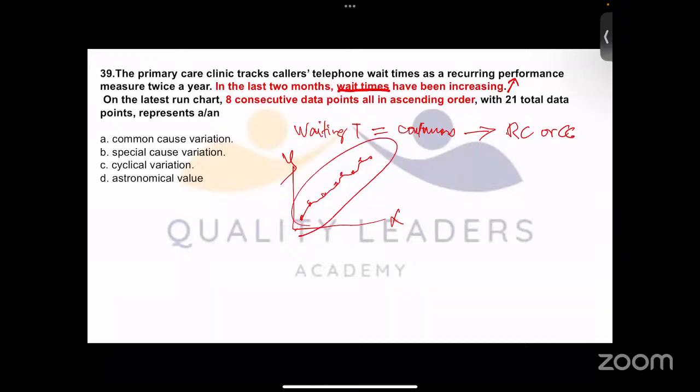What does this mean? This is a trend. What type of variation is it? Is it a common cause, a special cause, a cyclical or astronomical value? It is a special cause variation. A trend is a special cause variation.